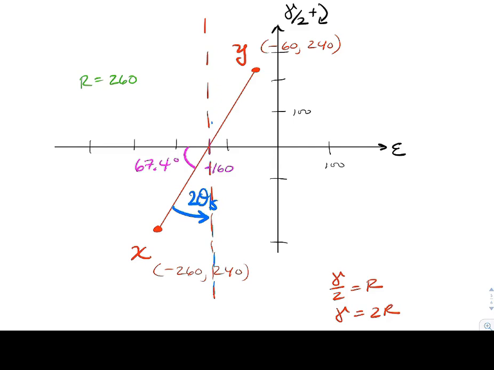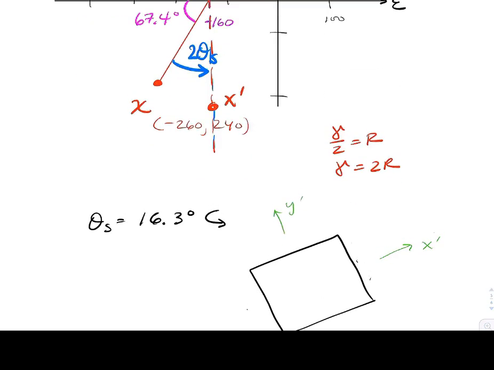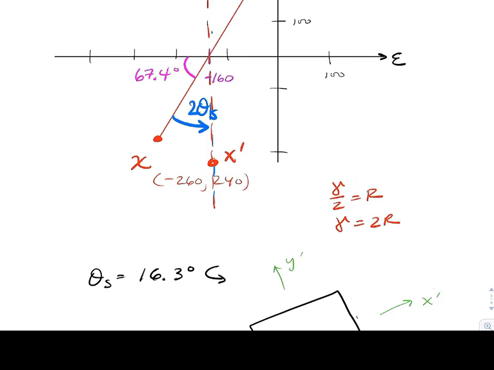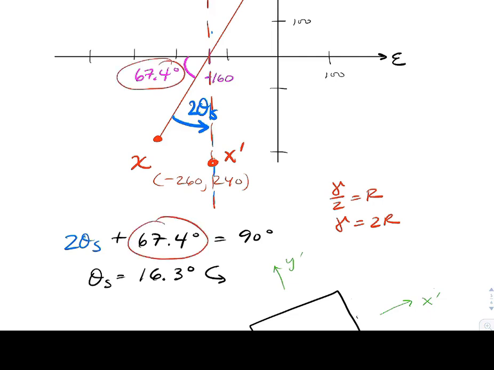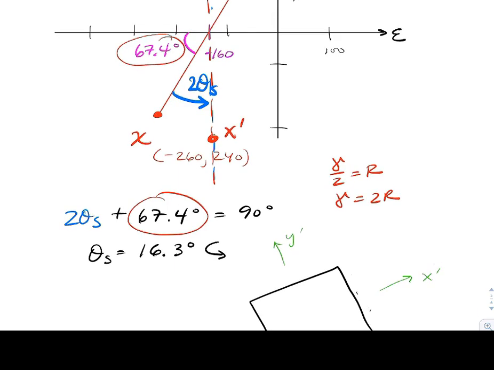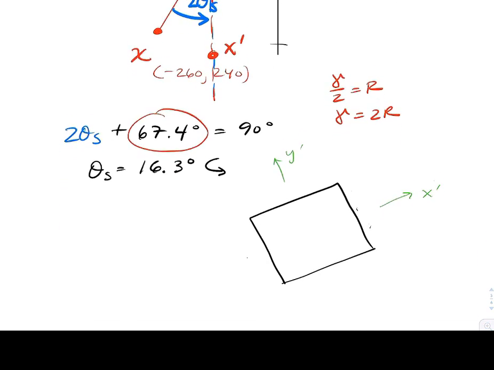That would put us y prime up here, x prime down there. And we've just got a quick theta games here. The pink theta plus 2 theta s is equal to 90 degrees. There's our pink theta sitting right there, plus 2 theta s is 90. So the answer for theta s is 16.3 degrees counterclockwise.